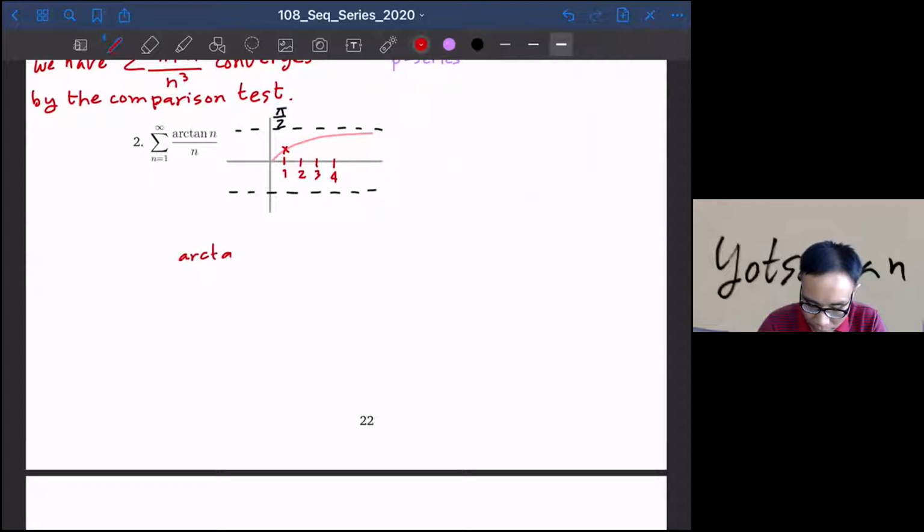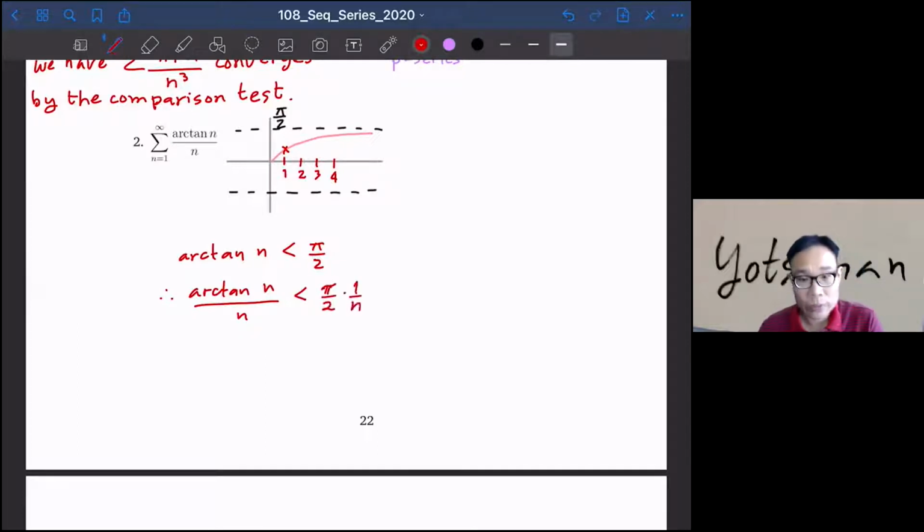Can we just have arctan n less than pi over 2? It's correct, right? So you have arctan n less than pi over 2, and you divide by n on both sides, so arctan n over n will be less than pi over 2 times 1 over n.